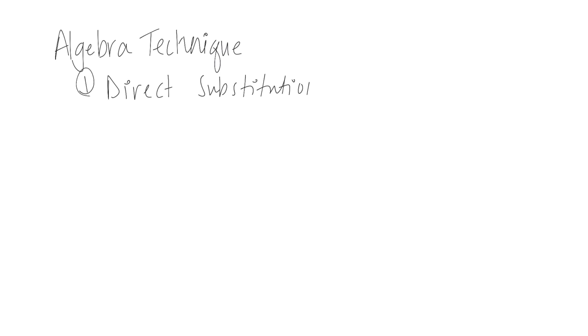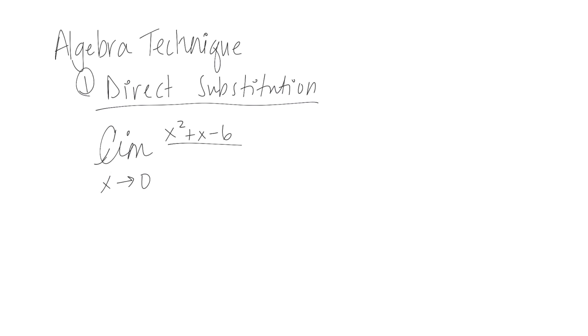All right, let's say I had the limit as x approaches 0 of x squared plus x minus 6 over x plus 3. Okay, direct substitution is exactly what you think it is. You literally just substitute in the value.